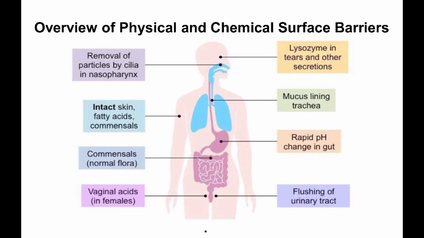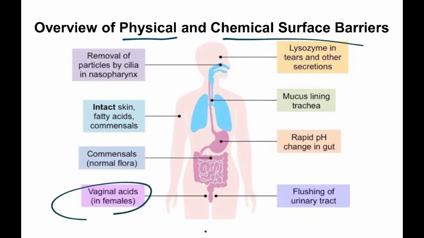This graphic shows an overview of the first line of defense, which involves physical and chemical surface barriers. So lysozyme in saliva, tears, sweat, intact cutaneous membrane, that is skin, intact mucous membranes, acidic stomach, acidic vagina for females.